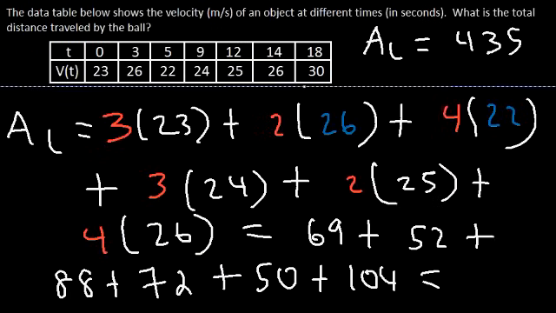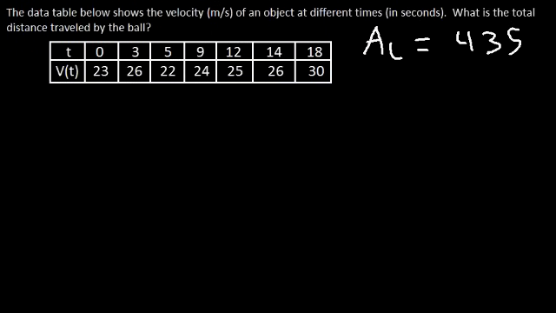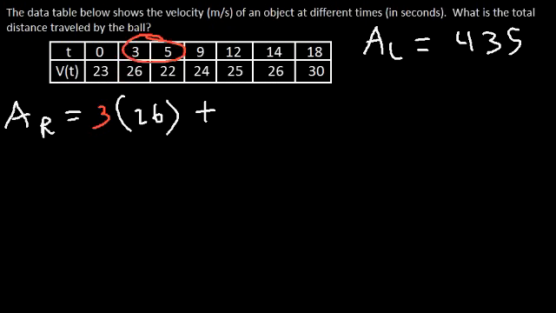So now let's get the answer using the right Riemann sum. So for the right Riemann sum, we're going to choose all of the y values except 23. So the width for the first rectangle is still 3, but we're going to multiply it by 26 instead of 23. Now for the second part, it's 2 times 22.